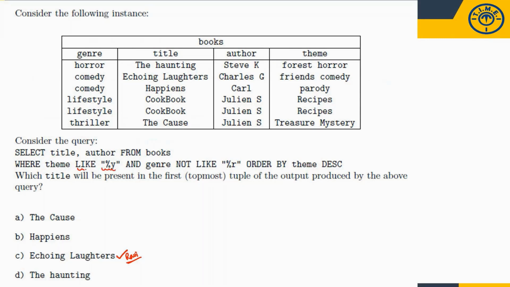What is a LIKE operator? The LIKE operator is to check with a pattern. Now, what is this pattern? '%y' says ends with y, and again an AND condition is there, meaning first condition and second condition. What is the second condition? Genre not like '%r'.